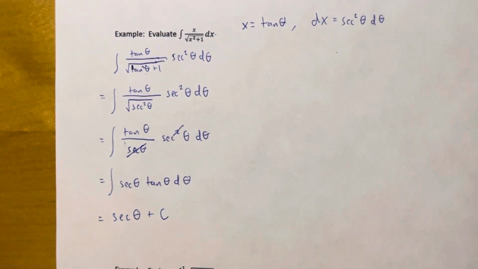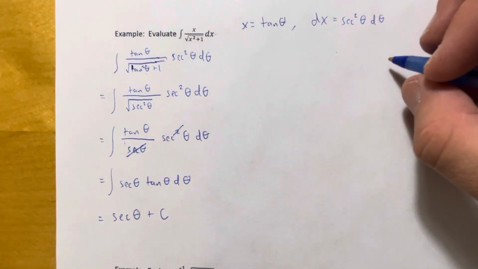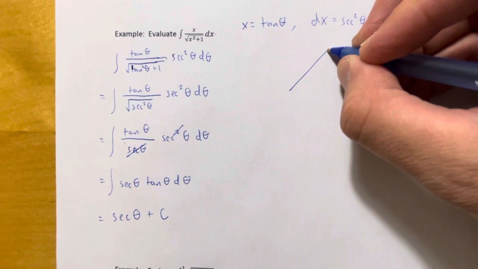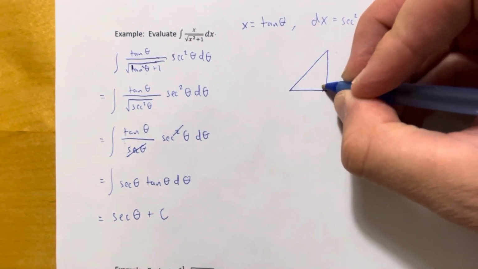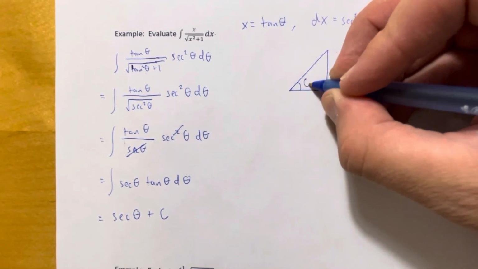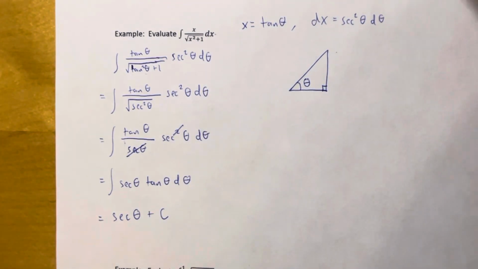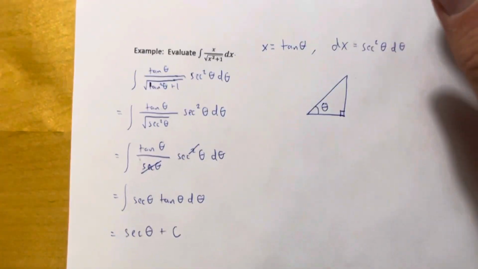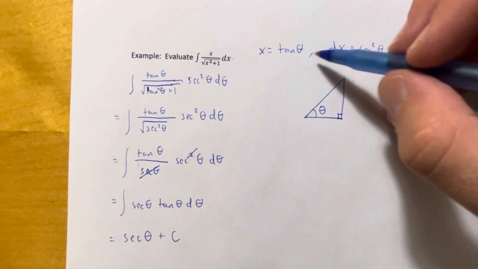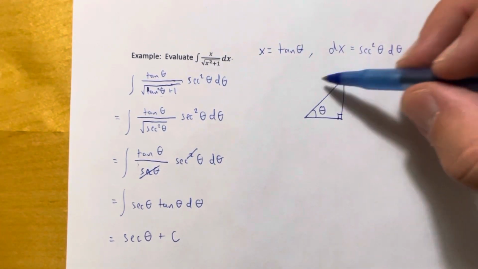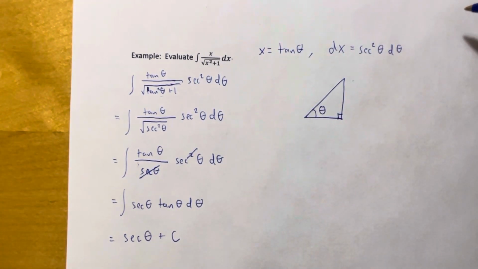And once again, we're not done. Because remember, we don't want a function of theta as our final answer. We want a function of x. So I'm going to do the same thing that I did in the previous example. I'm going to set up a right triangle, label one of my angles theta, and then go up to my original substitution, and I'm going to decide how does this theta relate to x within this right triangle right here.